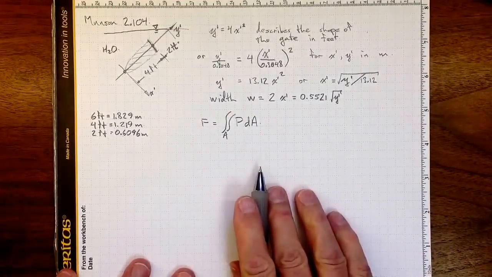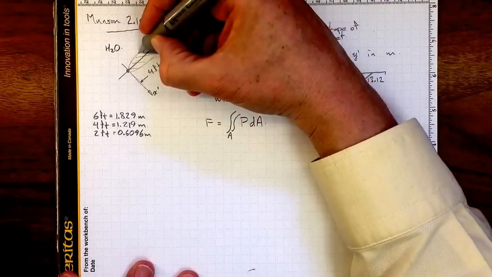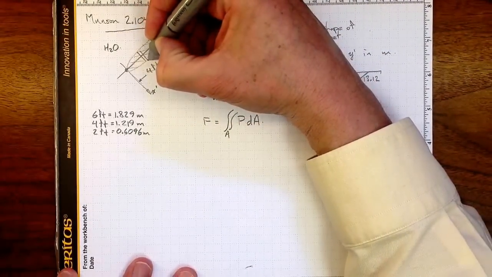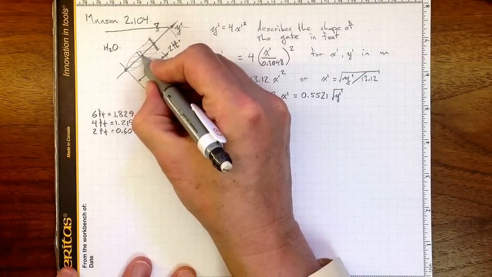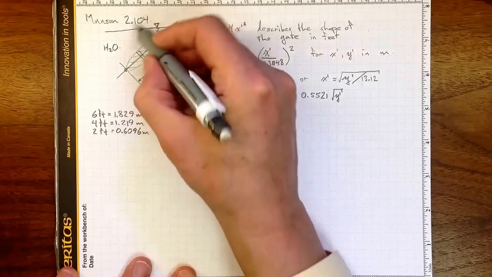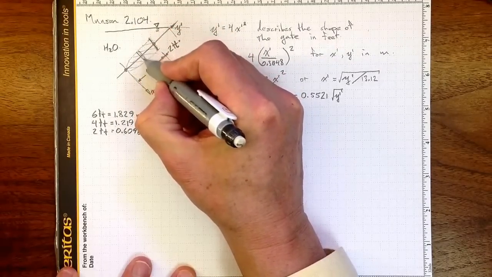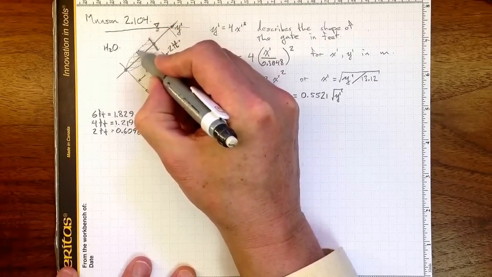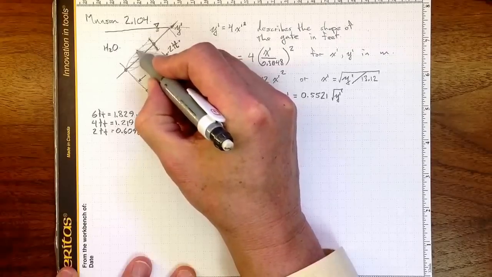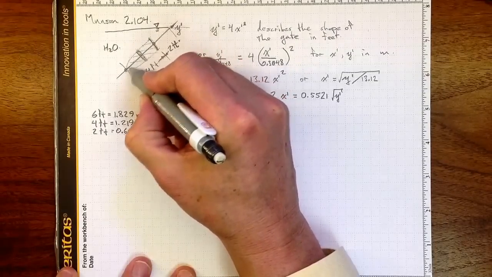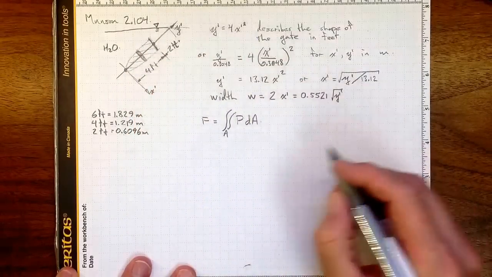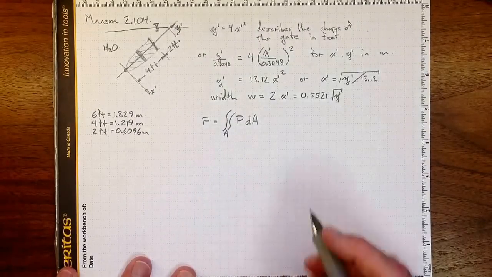But if we're smart, we can observe that at a given height up here, the pressure will be the same all the way across. So we can take the same pressure all the way across that stripe and not have to integrate the second dimension.